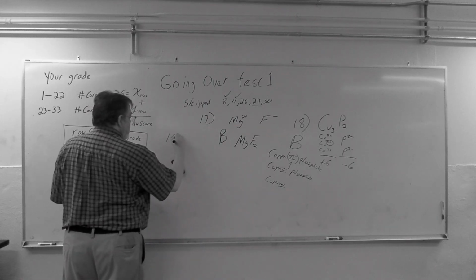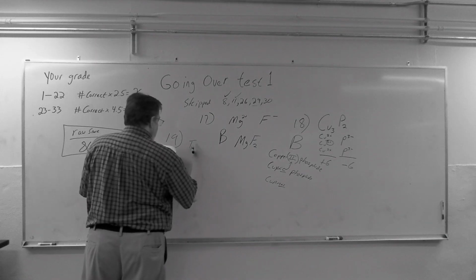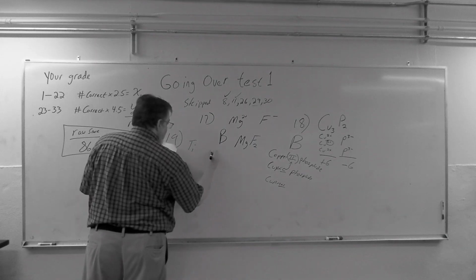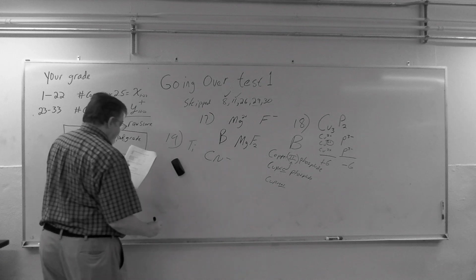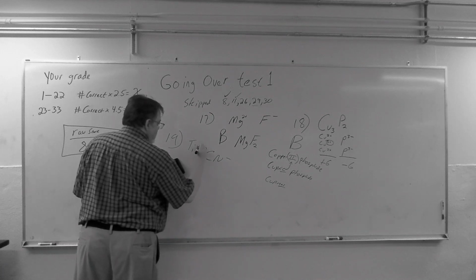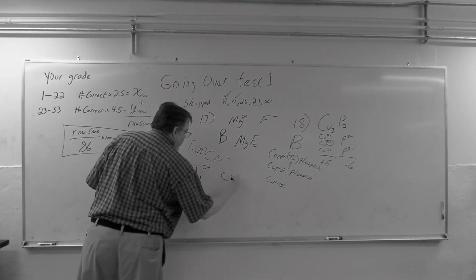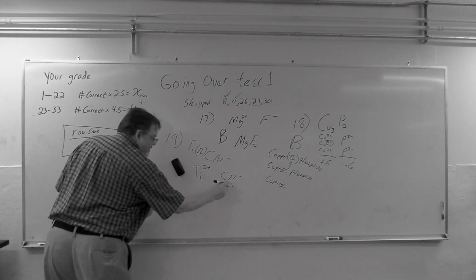19. What is the chemical formula for titanium? Cyanide is CN minus. And it tells you titanium 2. So you know you've got Ti2 plus and you've got a CN minus. So you're going to need 2 of those.